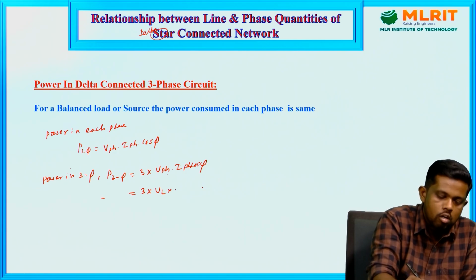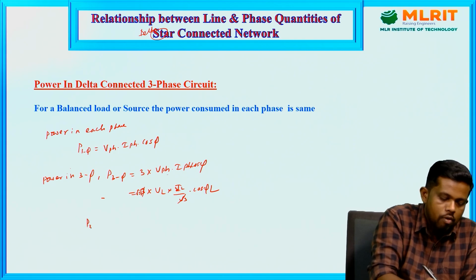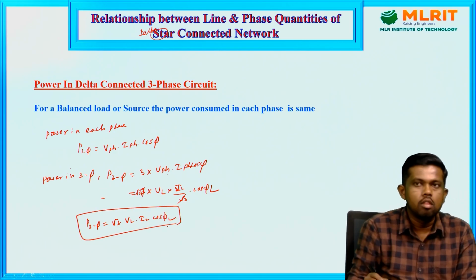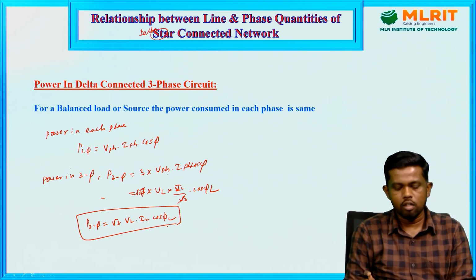So it is IL upon root 3 into cos phi L. The root 3 gets cancelled. Then the power in three phase equals root 3 times VL, IL cos phi L. So this is the power in a three-phase balanced delta connected system.